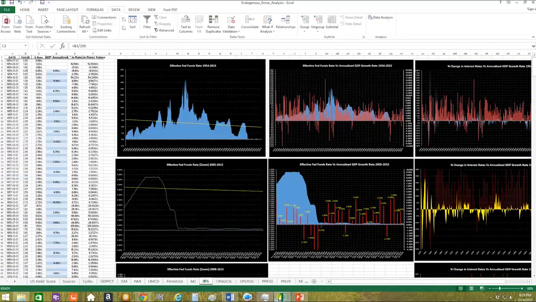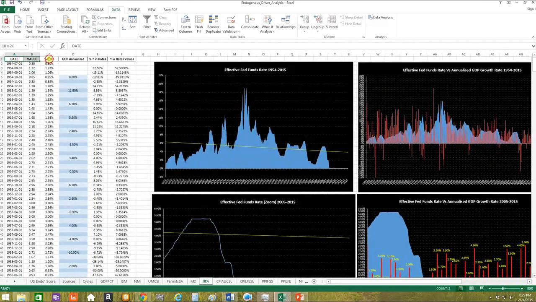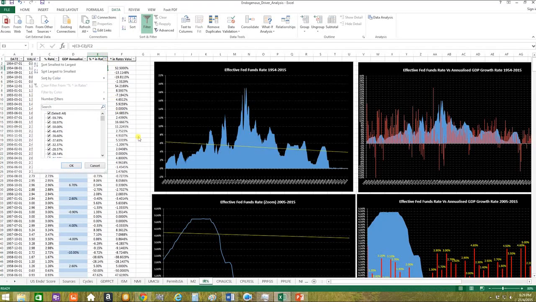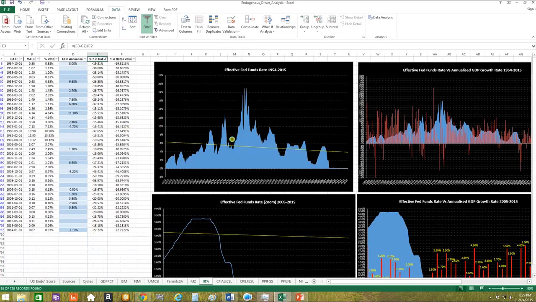So let's go back to the spreadsheet, and if we just zoom in here, what we do is select the columns, go to the data section on the ribbon and click on filter, and the column that we're going to concentrate on here is column E. All we have to do, for example, is click on the filter, go to number filters, and if we want to do the less than 15% analysis, we just type in minus 0.15, tab across, and then hit OK.